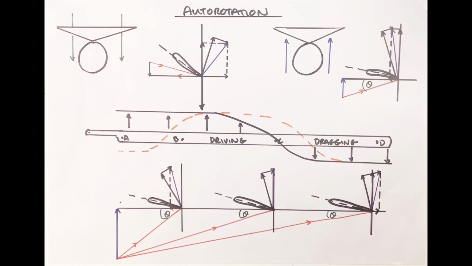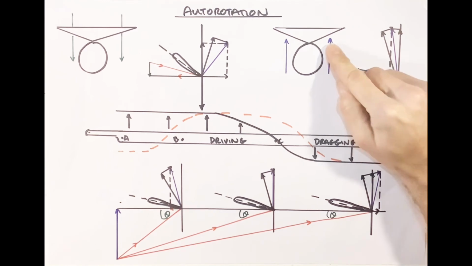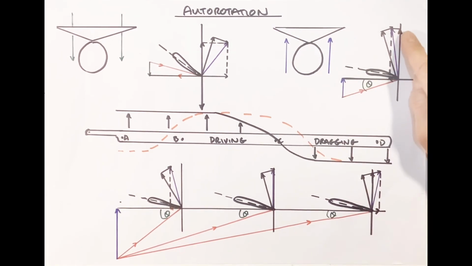If the weight of the aircraft has gone up, then essentially you need to get going downwards much faster in order to hit a large enough rate of descent flow to balance your weight. So higher weight means a higher rate of descent essentially.